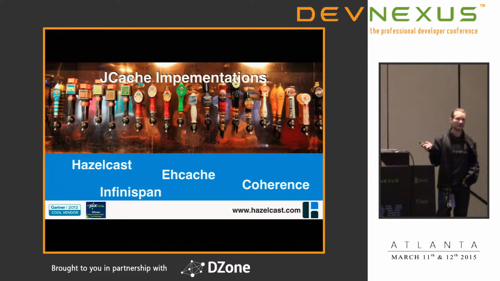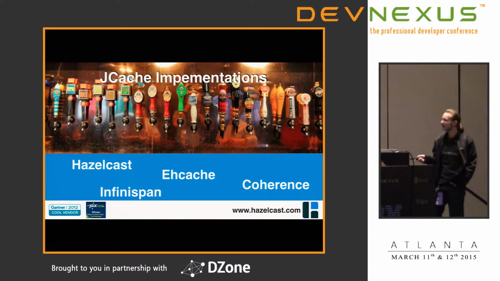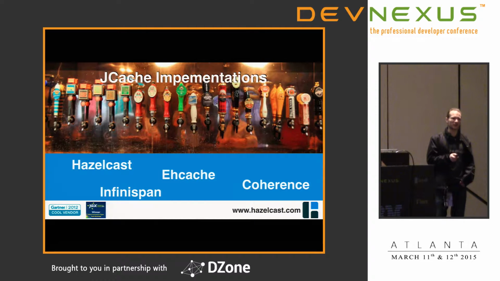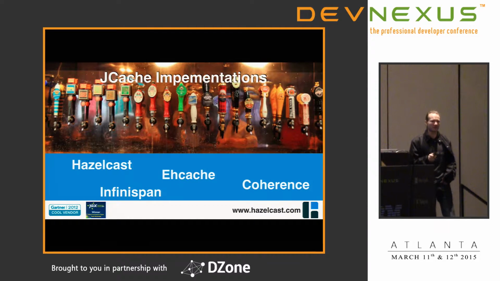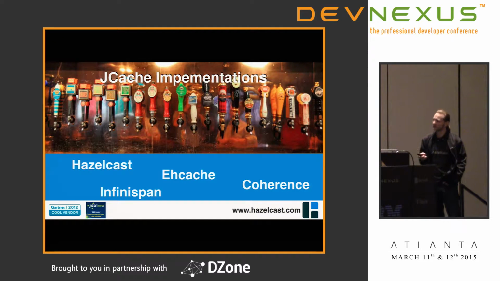There are a couple more. I know that GridGain is currently working on implementing JCache. What else? Nencache, which is a .NET-based solution, but they have a Java client which is going to implement JCache. But those are the ones that are currently passing the TCK and that are certified to call themselves JCache.